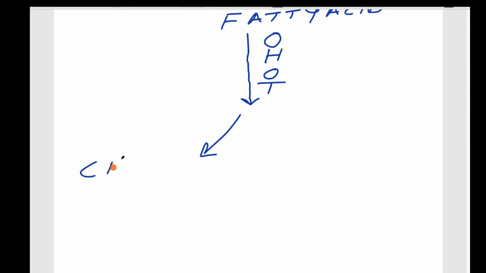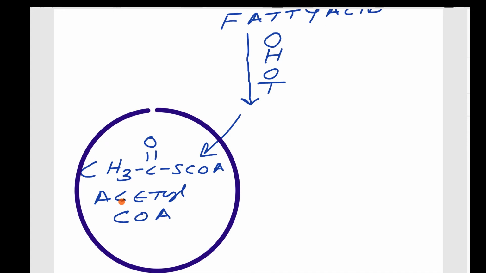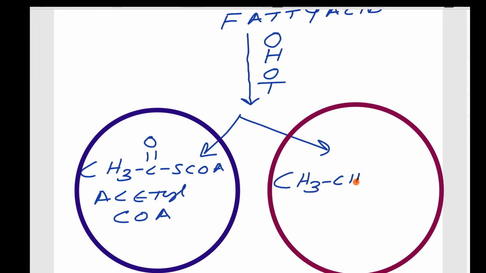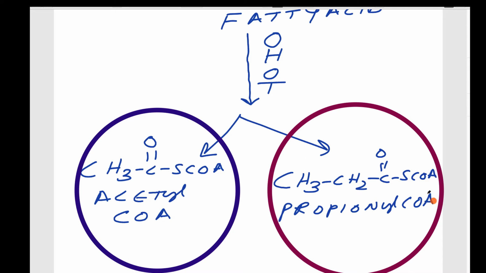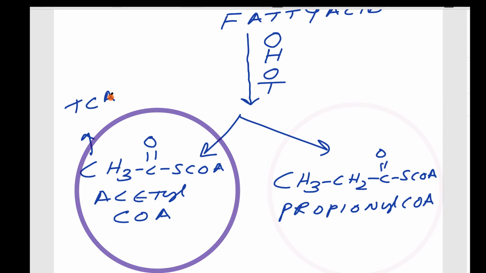One is acetyl coenzyme A, the same as in even chain fatty acids, but the other end product is the 3 carbon propionyl coenzyme A. This acetyl coenzyme A goes to the TCA cycle for complete metabolism.